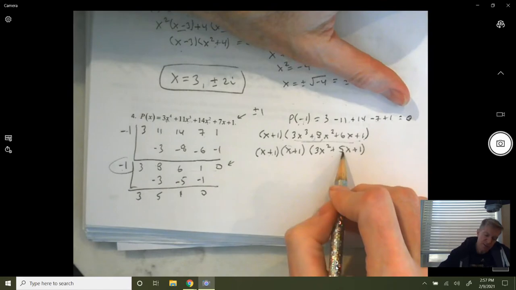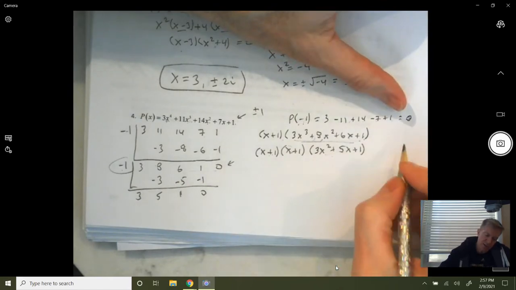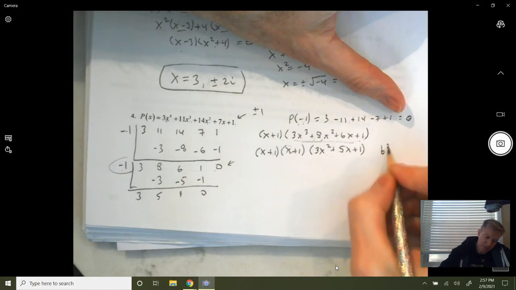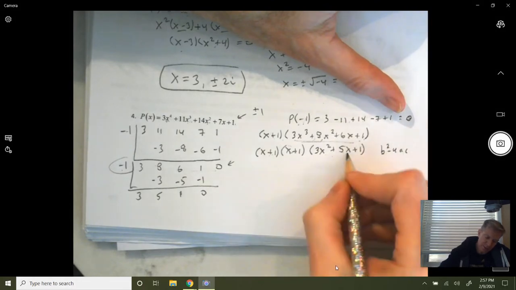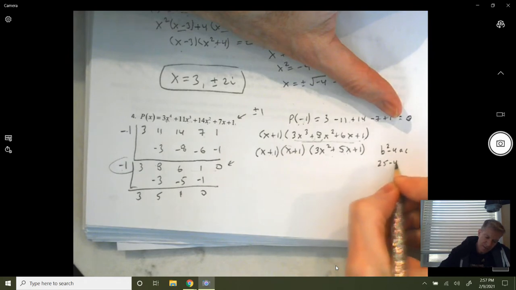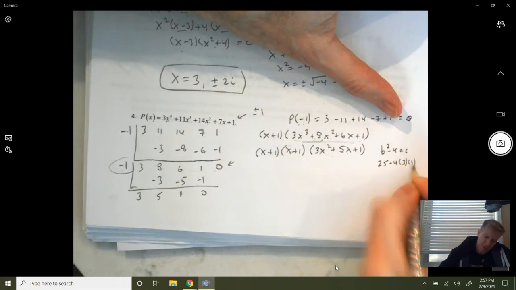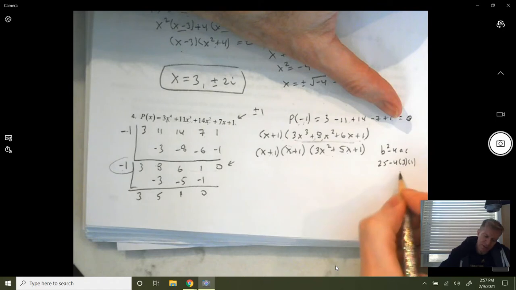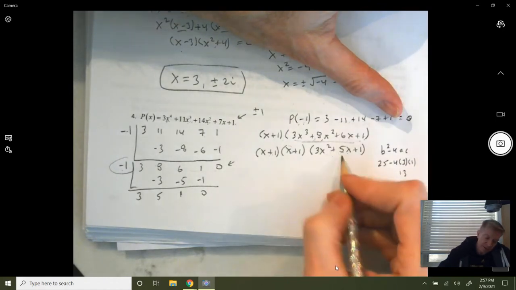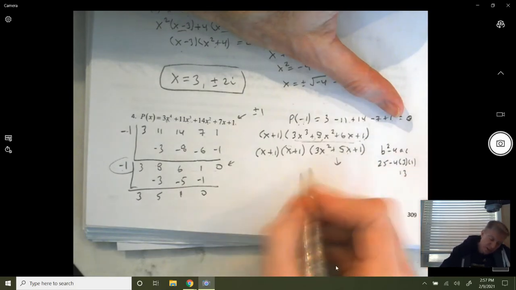Let's see if this thing factors. Let's find the discriminant. B squared minus 4ac. Discriminant is 25 minus 4 times 3 times 1. That's 25 minus 12. That gives us 13, so that does not factor. Okay, but we can find the zeros here by using the quadratic formula.